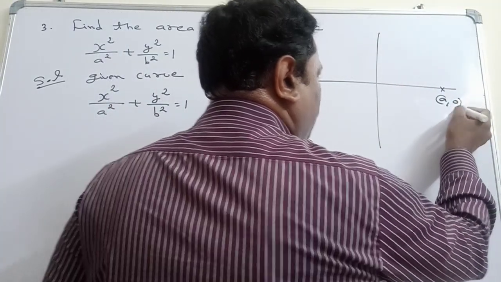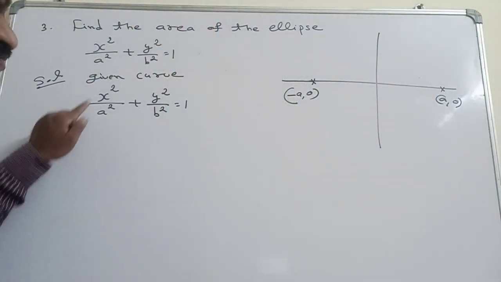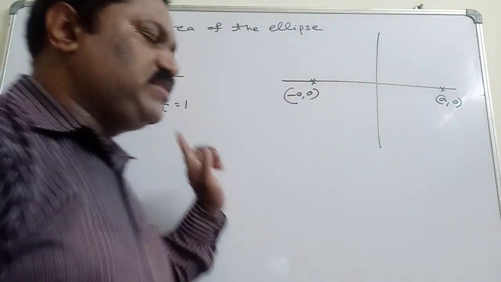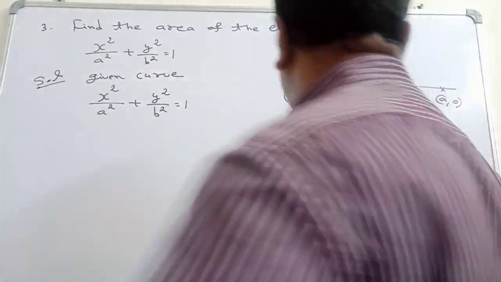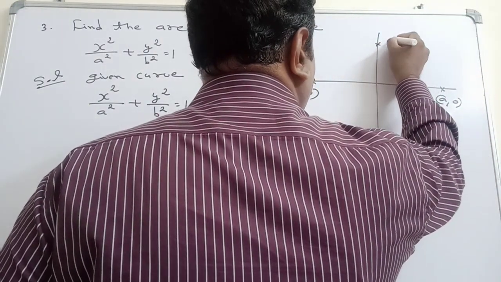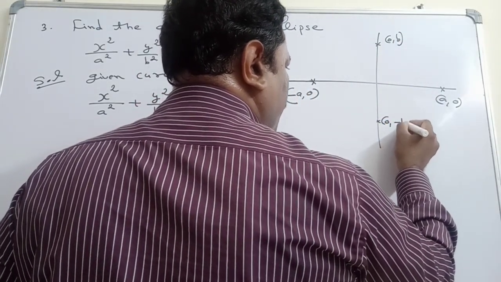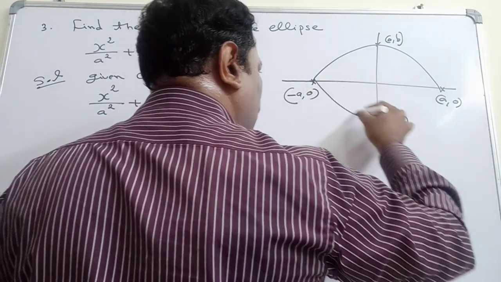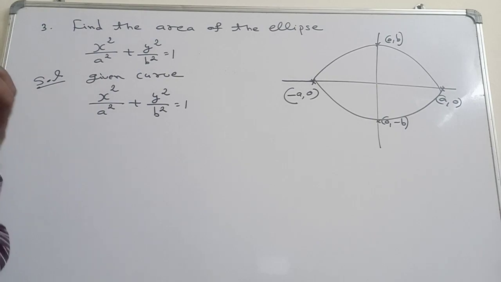Similarly, if I keep x is equal to 0 in the given curve, then we get y square by b square is equal to 1, means y square is equal to b square, means y is equal to plus or minus b. It meets the y-axis at 0 comma b as well as at 0 comma minus b. If you join these points, we get a closed figure like that. So this is the ellipse. We have to find the area bounded by this ellipse.